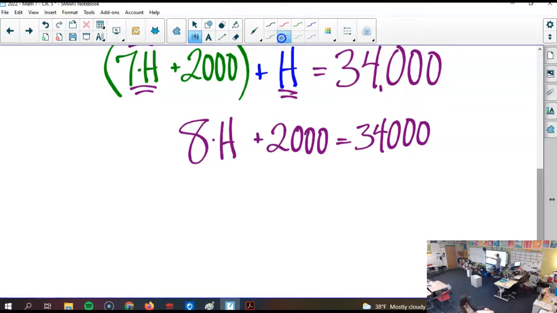Yeah, we use inverse operations. I knew what you meant because you gave me the number that we get next. If we subtract 2,000 from both sides, we chose to subtract it. We're not doing something that I can just do over here. I'm doing it to both sides.